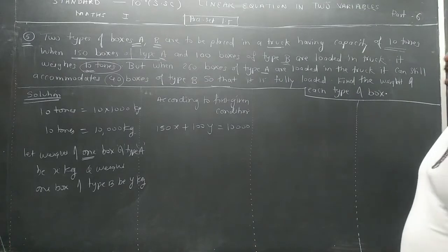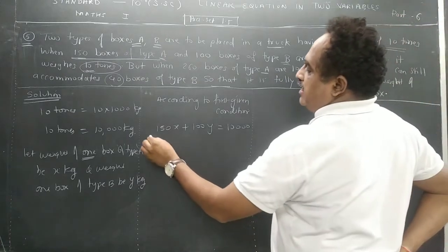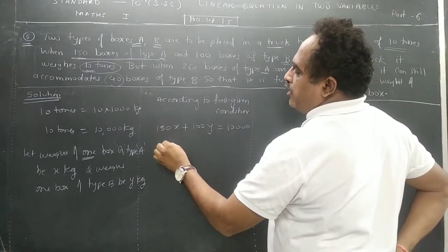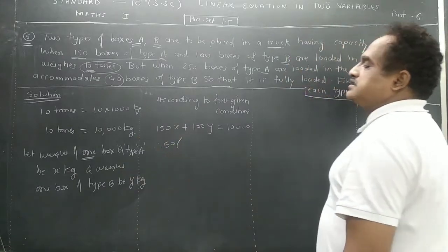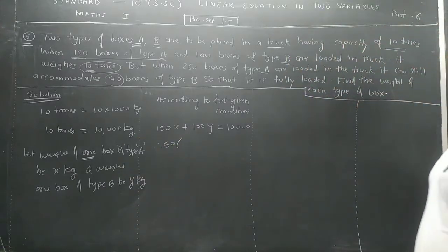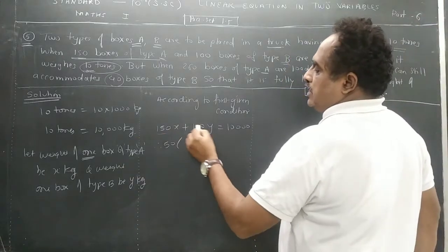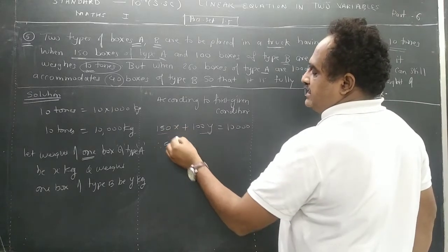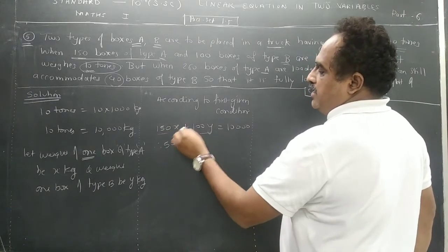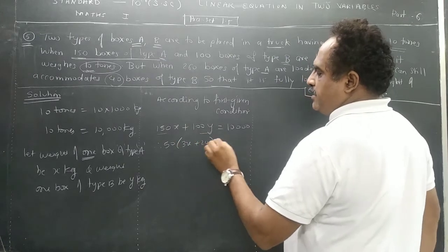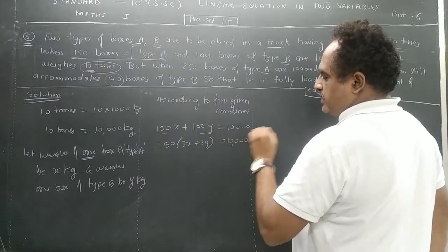Now what is a suitable number to take common? So according to me 50 is the suitable number to take common among these two. So it becomes 50 times 3x, 50 times 2y is equal to 10,000.